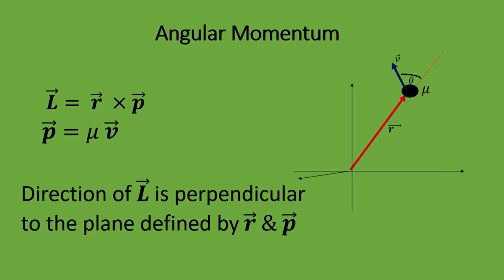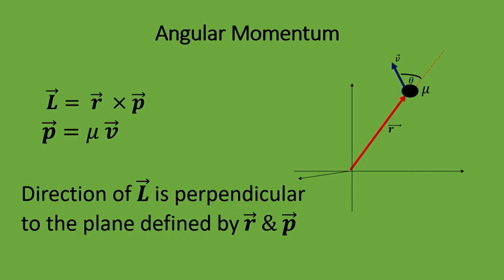Angular momentum about the origin is defined to be the position vector r cross product with the linear momentum vector, and you all know that linear momentum vector is simply the mass times the velocity of the object.